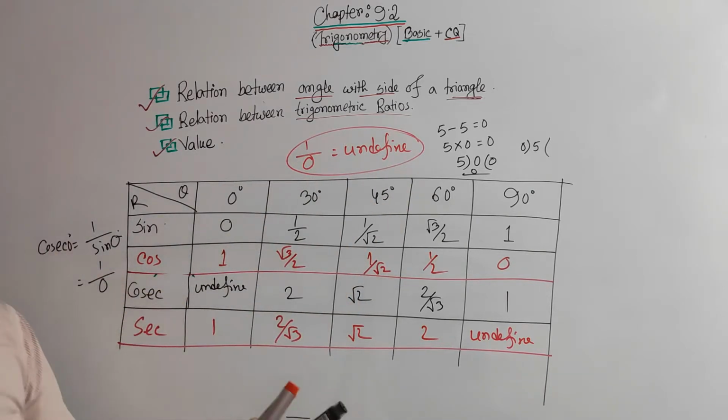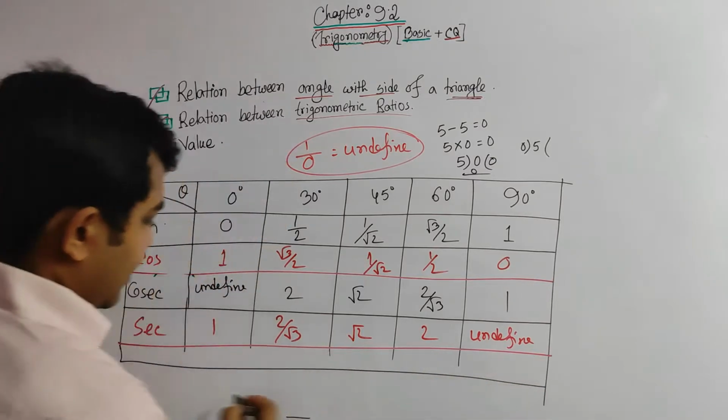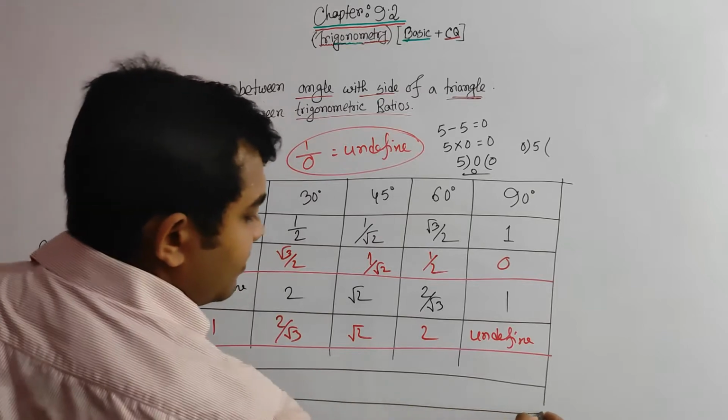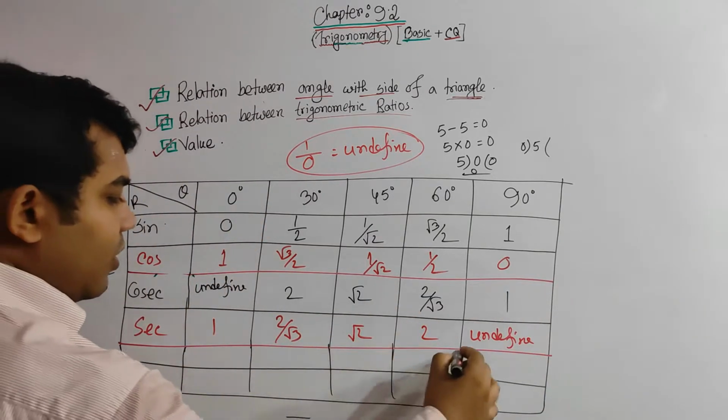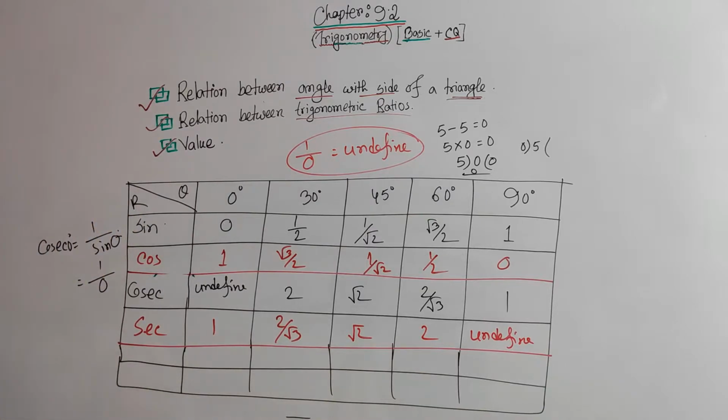Okay, there are a lot of examples also. However, we are going for the last two parts, tan and cot. In the case of tan theta, we know that tan is equal to sine by cos, isn't it?